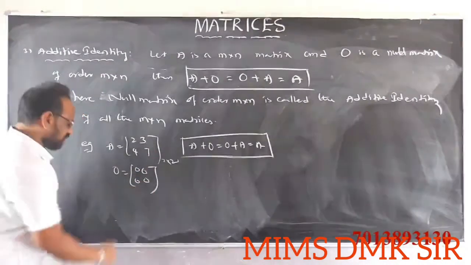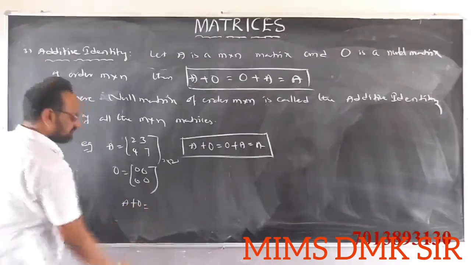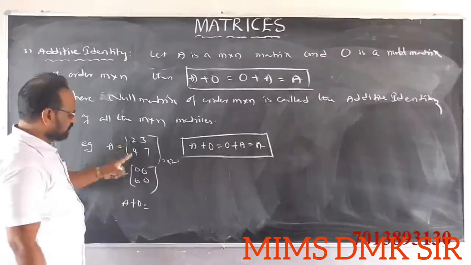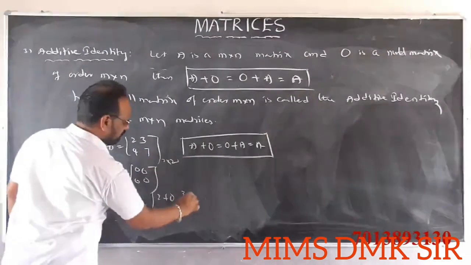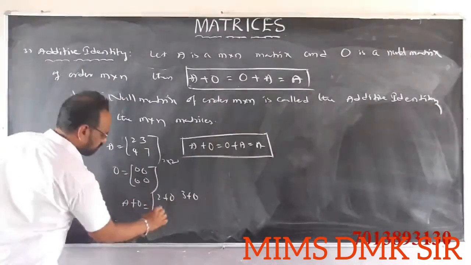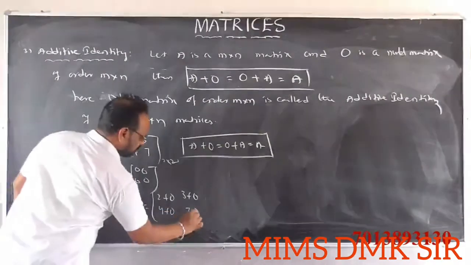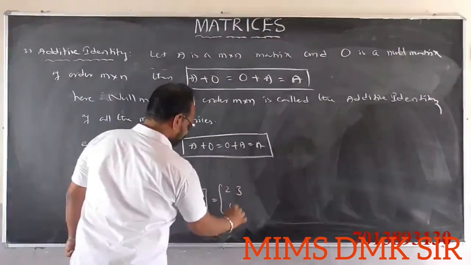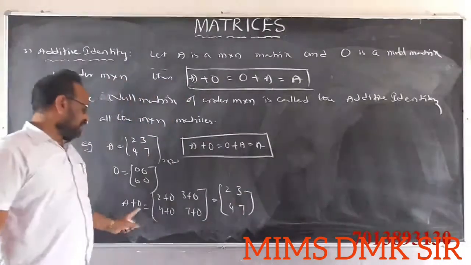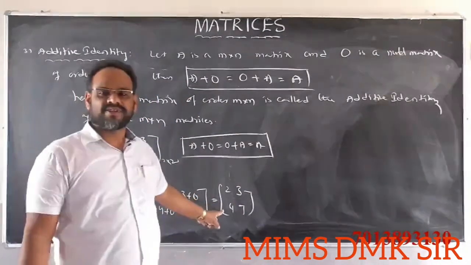A plus 0 means 2 plus 0, 3 plus 0, 4 plus 0, 7 plus 0. That means we get 2, 3, 4, 7. That means A plus 0 is equal to 0 plus A is equal to A.